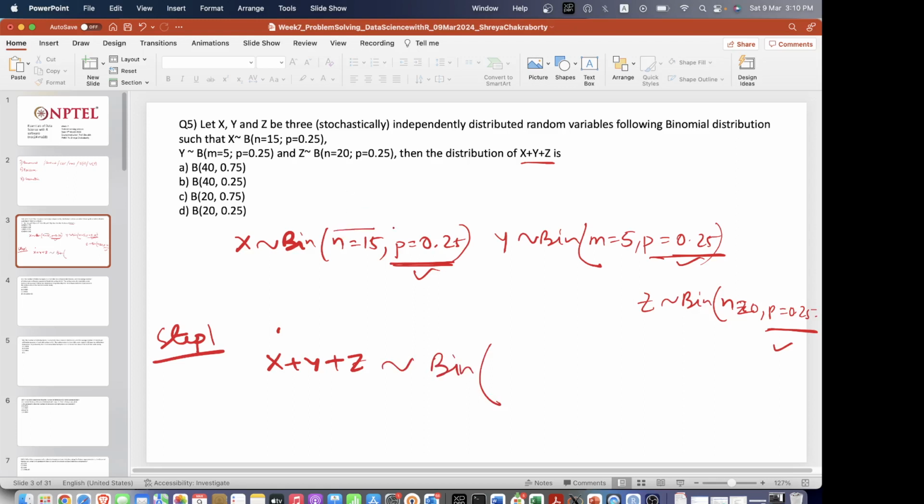So this one plus this one plus this one, 15 plus 5 plus 20, and p would be 0.25. So your answer in this case will be binomial 40, p 0.25.